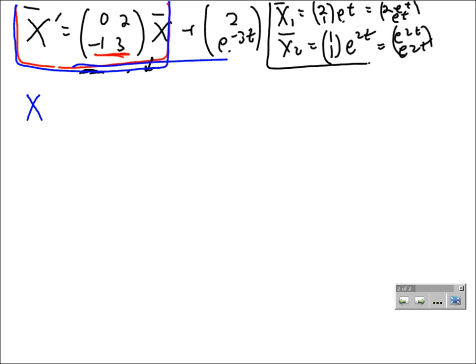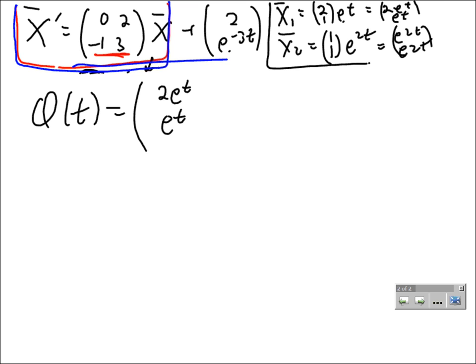And a particular solution is, well, before we do that, why don't we just define the phi of t and the inverse. Phi of t is, well, the first column is just x1. And the second column is x2.